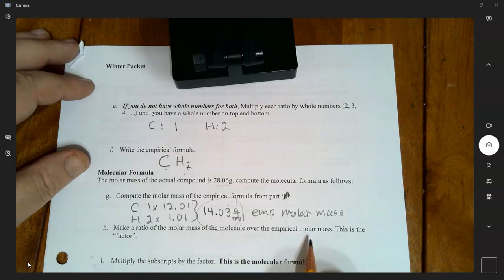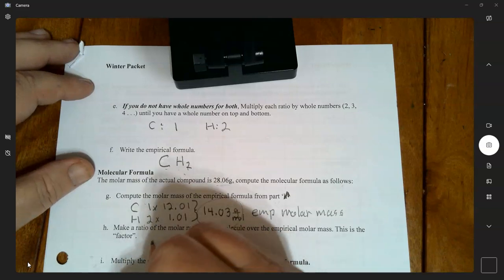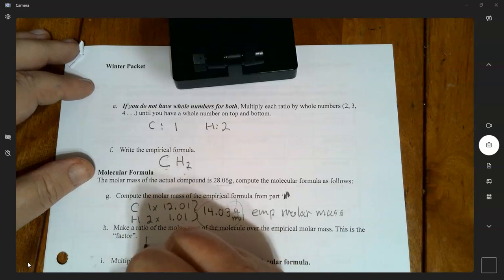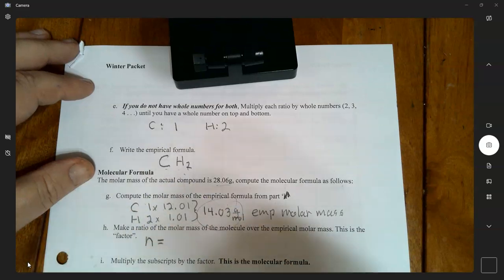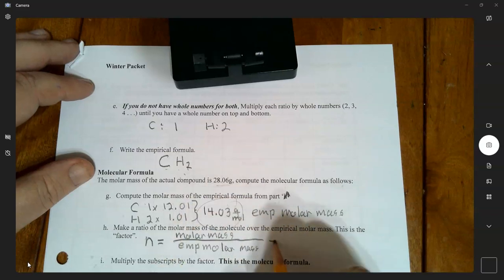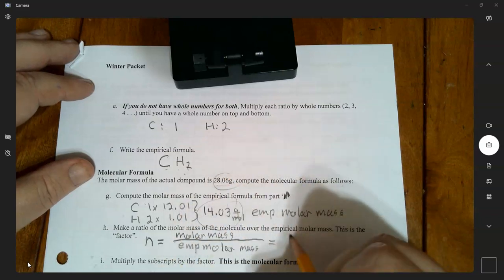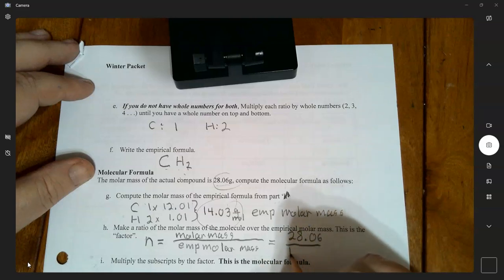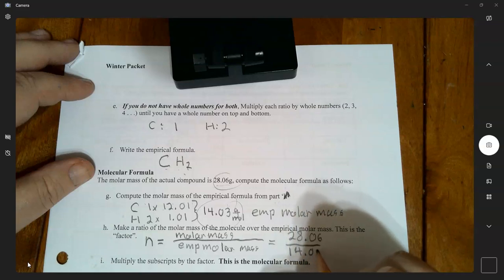Then there is a formula, and the formula says that we're going to find a factor called N. It just means a number, a factor. It's the molar mass divided by the empirical molar mass. The molar mass, which we were given, is 28.06, and the empirical molar mass is 14.03. If you divide those, you get exactly 2.